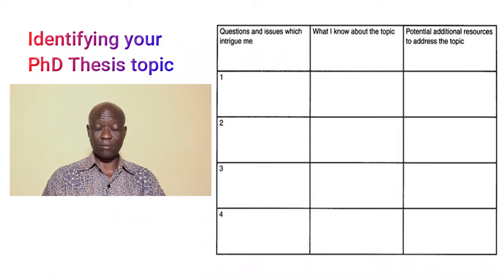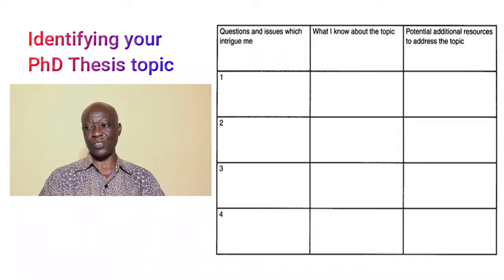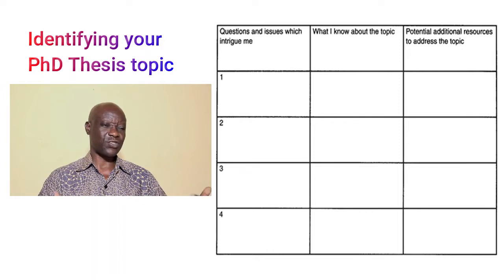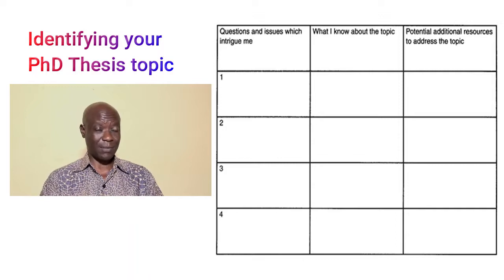And in the first column, I present the questions and issues which intrigue me. So the questions and issues that intrigue me will constitute the research questions, and from this you can actually get the research topic. Now, of course, in the second column, I've put what I know about the topic.